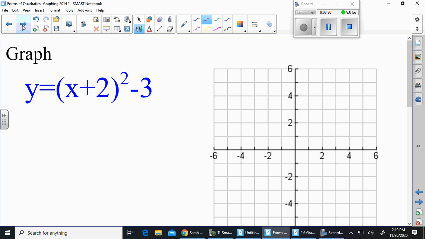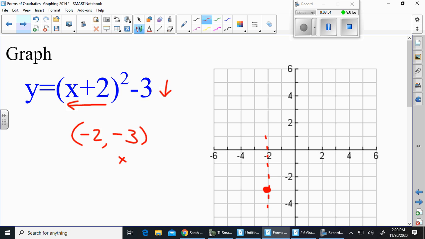So you think left 2, down 3. Or you can just think it's the opposite of what's inside, left 2, down 3. So I go left 2, down 3, draw my axis of symmetry.